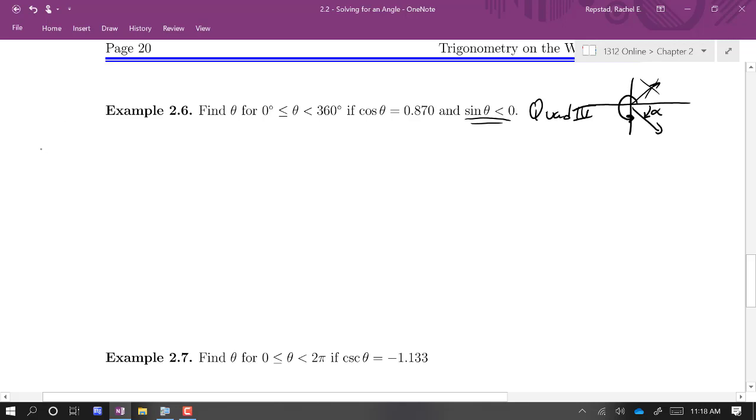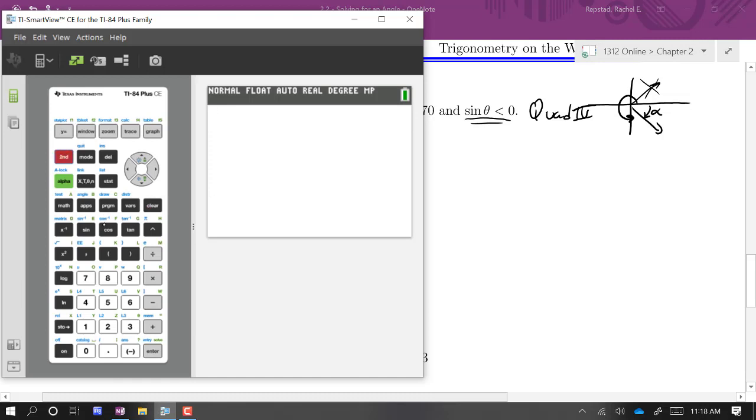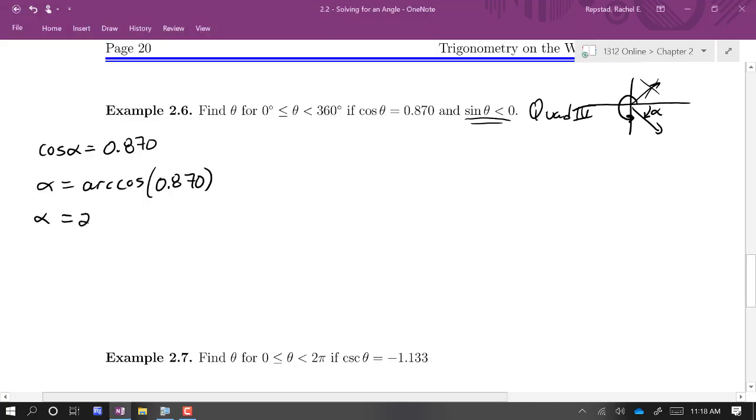So we know that cosine alpha is 0.870, so alpha is equal to arc cosine of 0.870. I get 29.54 degrees.